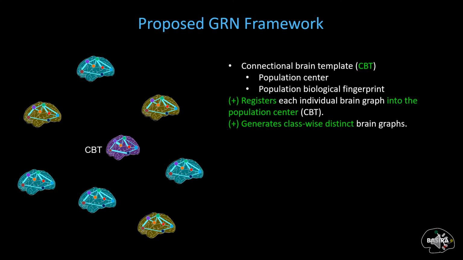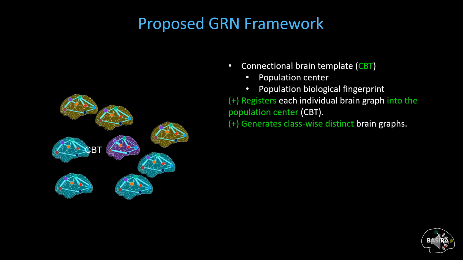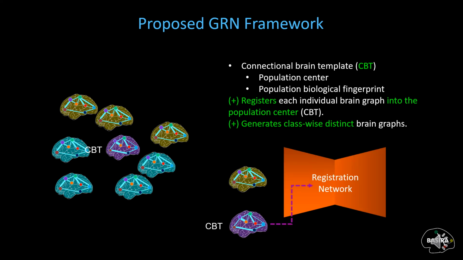Hence, to quantify the distance from what is individual different to what is commonly shared across individuals, we propose a graph-based registration. What we mean by registration is a sort of an alignment between an individual brain graph and the population center graph that will allow us to identify what singles out the individual from the population center. To register each brain into the CBT, we propose GRN, the first graph-based registration network.